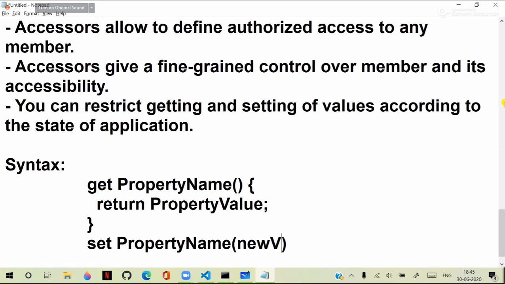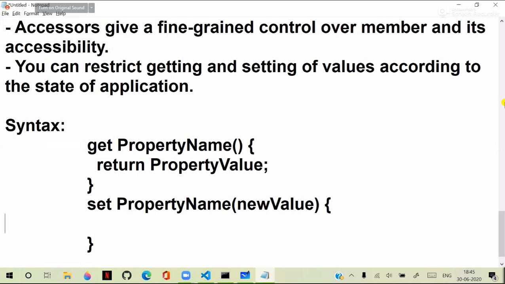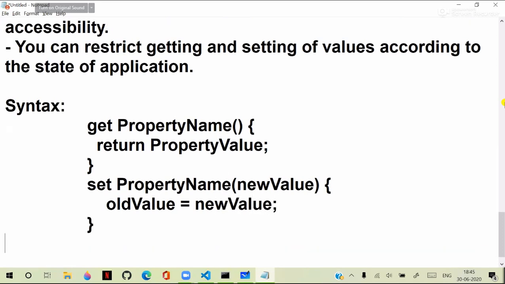It will take the new value, and it will replace the old value with the new value. Now when you are using this getter and setter, we can restrict the authorization. So that means we can have more control over this.